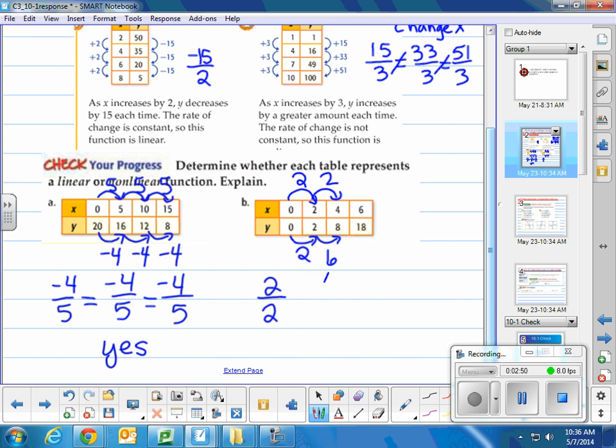So the rate of change is 6 over 2. And then from 8 to 18, it increases by 10, and from 4 to 6, it increases by 2. These are not equivalent, therefore it is not linear.